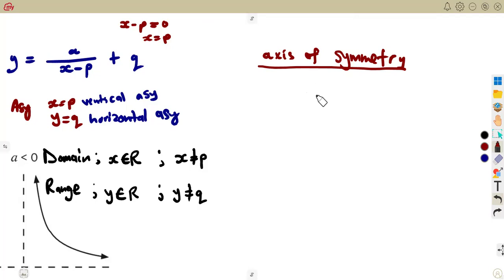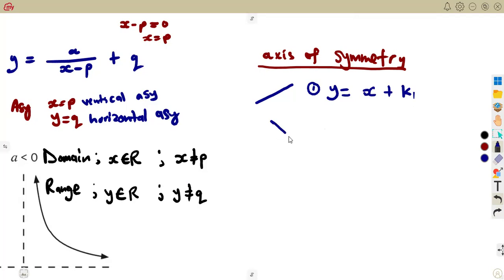For the lines that have positive gradients, as long as the axis of symmetry is a line like this, which has a positive gradient, we are going to have our equation in the form of y is equal to x plus k1. It can be plus, or here it can be a minus, depending on what you are given. Some can use the letter q, you can use the letter k or whatever you want. So I'm just going to write k1.